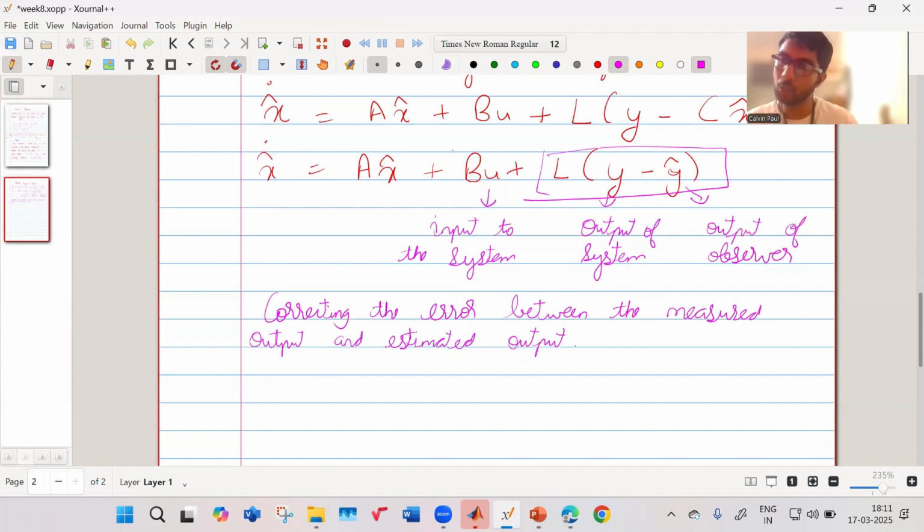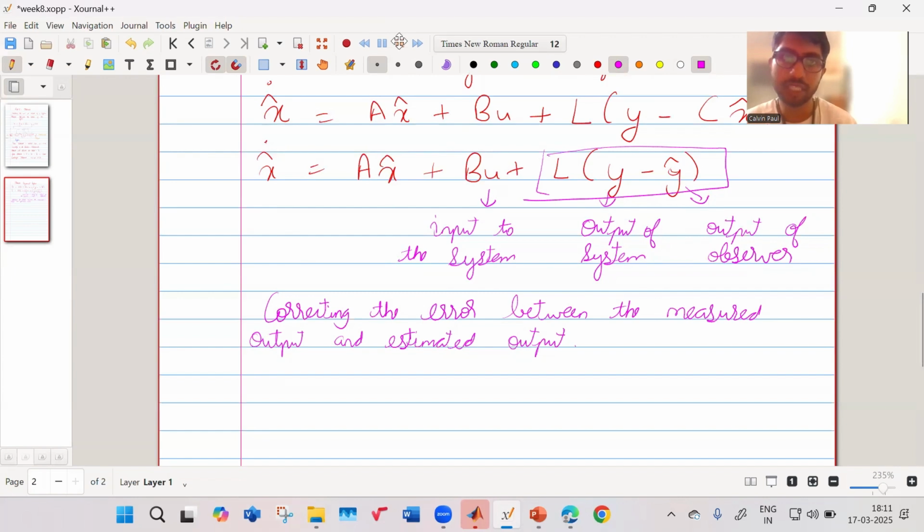The same input u is fed to your observer's dynamical system, and the observer dynamics are very similar to your system dynamics. It should be similar; only then will it give you an estimate of the states. But you have an extra term, which is your correction term.